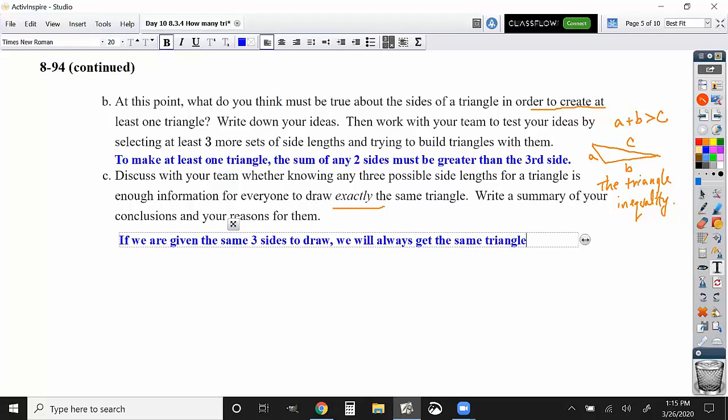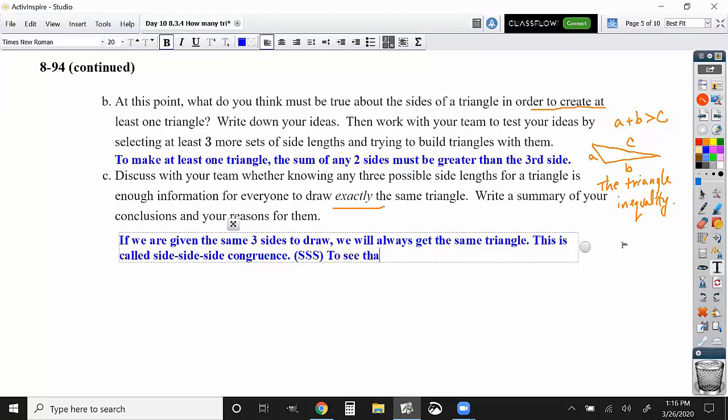And we could also add in here that this is called side, side, side congruence. Congruent means equal in size and shape, congruence. And you can also call that SSS. That's how I would know it for sure. So if I give you 3 sides, you can make the same triangle as me. Let's add this in here.